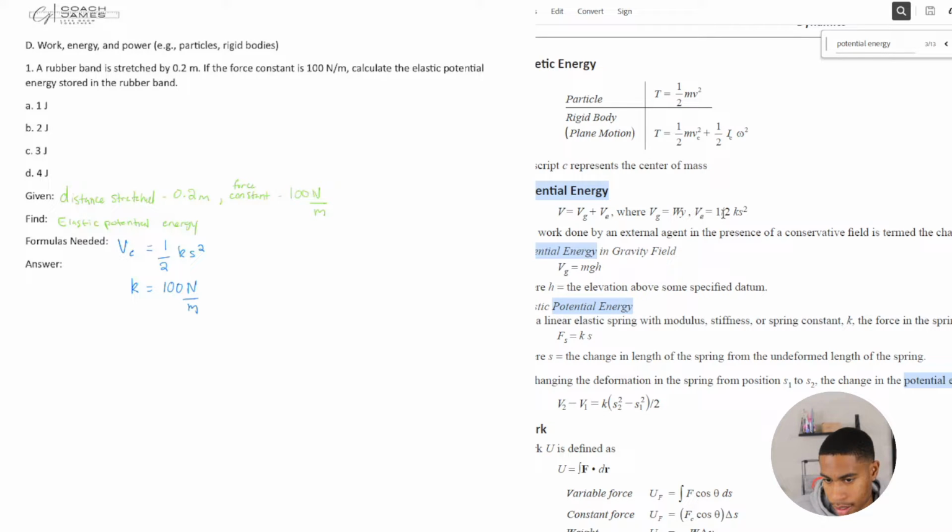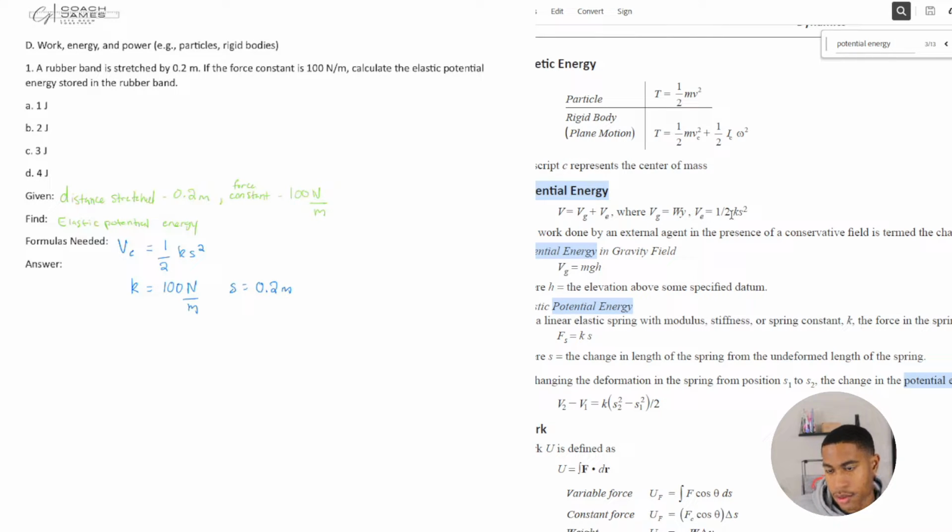And then what is s? Well, s for a spring is the change in length of the spring. So for us, our s will be the change in length for our rubber band. So s is equal to the stretch, 0.2 meters.